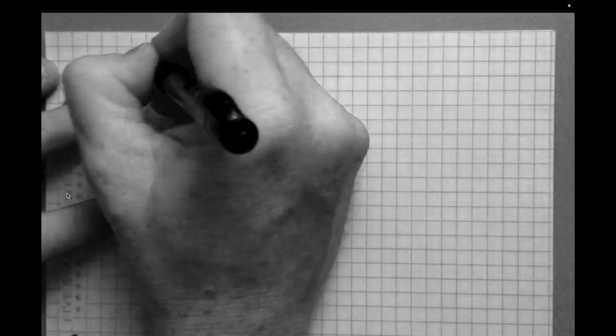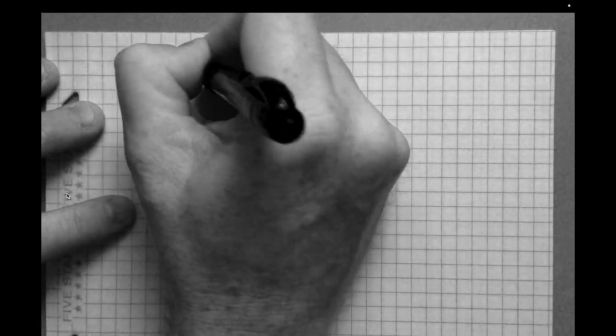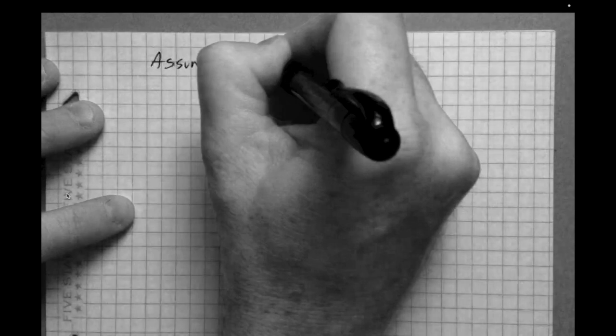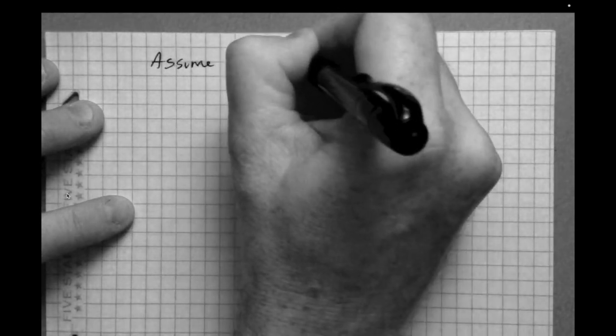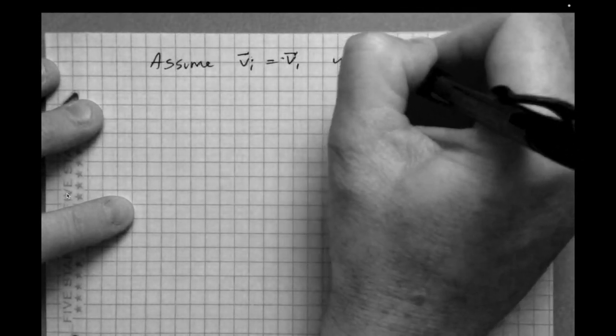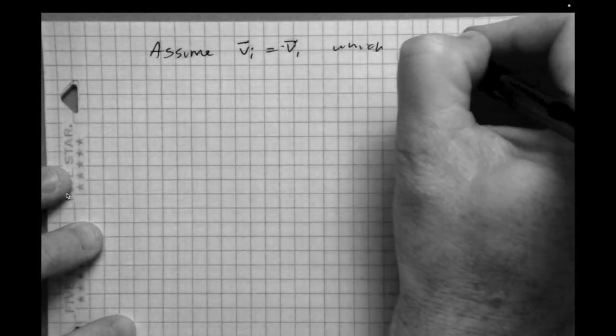So assume vi equals v1. What does that mean?